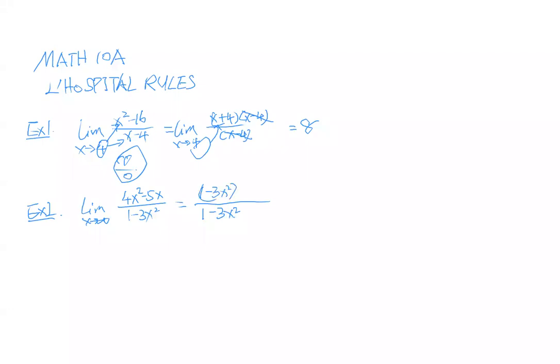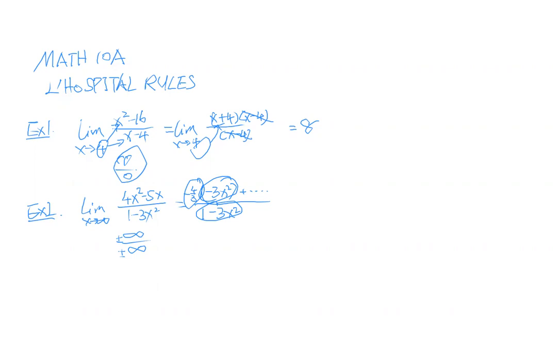Because these two terms are the largest, we care about those. The reason here is because we have infinity over infinity, or minus infinity, it doesn't matter, because the problem is we don't know how to do infinity over infinity.